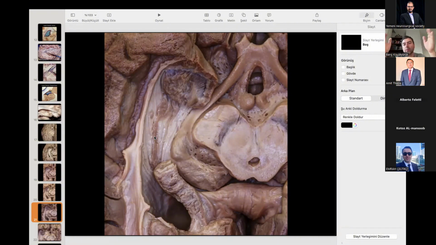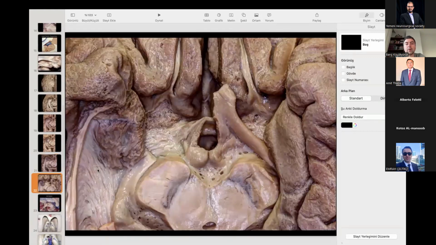The caudate nucleus was forming the lateral wall of the frontal horn and the body of the lateral ventricle, and it turns around the thalamus and courses as the tail of the caudate nucleus at the roof of the temporal horn to connect with the amygdala. So also we remove them, the tapetum fibers and the tail of the caudate nucleus.